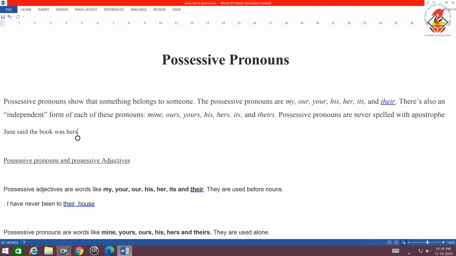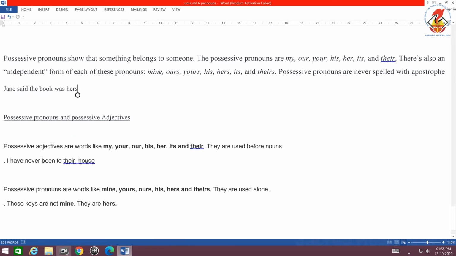Now, possessive pronoun. What is that? Mine, yours, ours, his, hers and theirs. Here you can see S. Here there is no S, only its comes. Here you can see in almost everything, yours, ours, his, hers. Here also his is there, but don't confuse. A possessive pronoun is usually placed at the end of a sentence and is used alone.